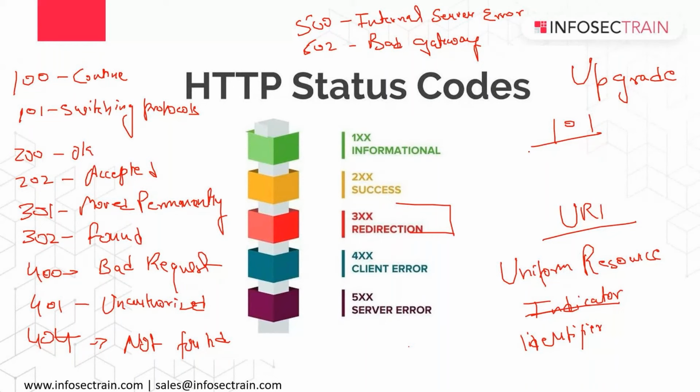Then we have seen 503. 503 means service unavailable. Now, service unavailable can have multiple meanings. Multiple meanings means that your server is not accepting your request, right?